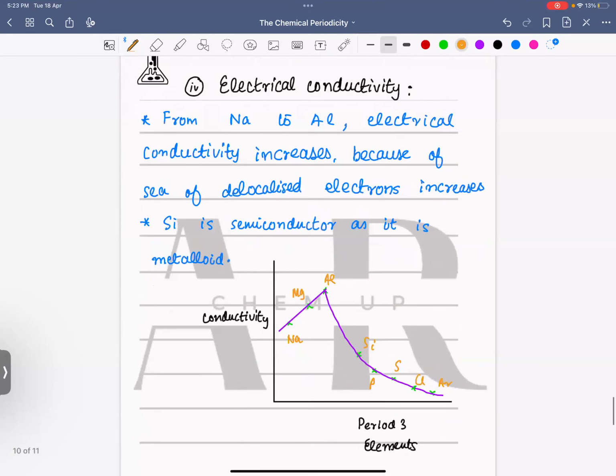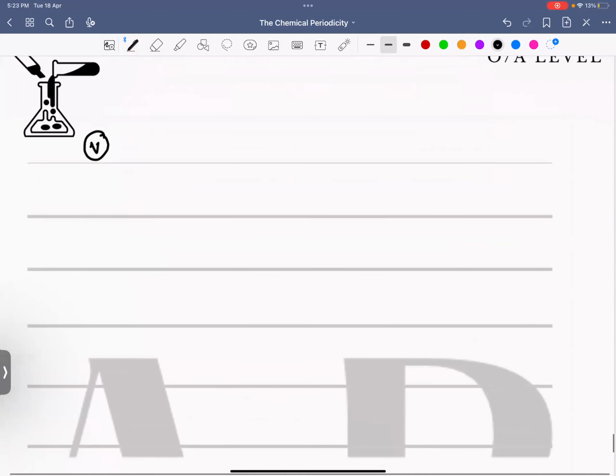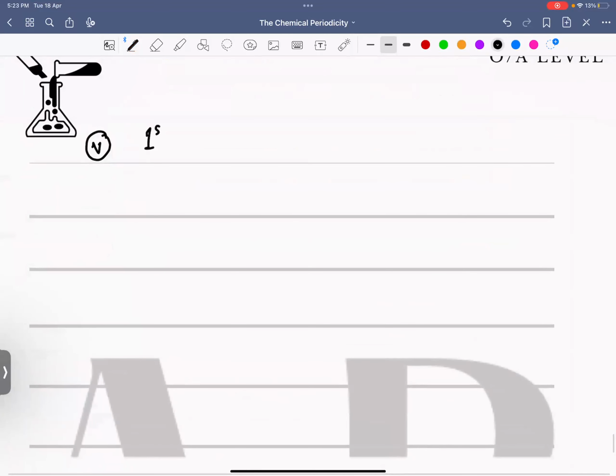So the next trend is about ionization energies, and you all are very much familiar with the ionization energies, the first ionization energies.